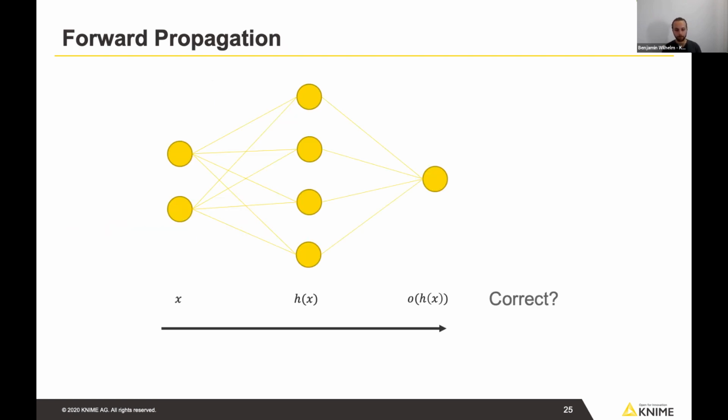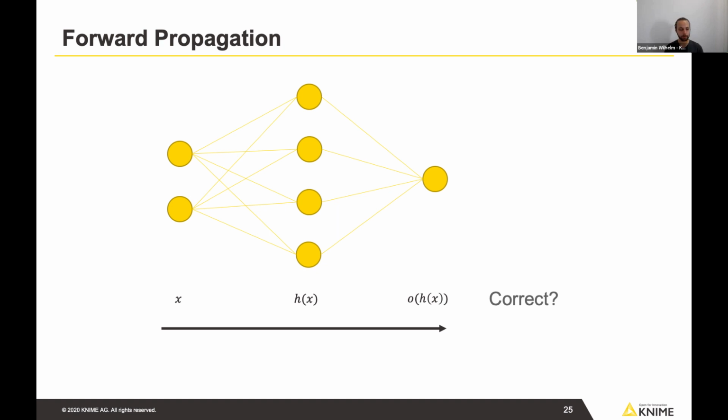Okay, now if we do this forward propagation and get our probabilities, the question is: is this correct? In the beginning, before we trained the network, this is not correct, because we initialize the weights that I've shown you for the individual neurons randomly, and then the network just does something in the beginning.